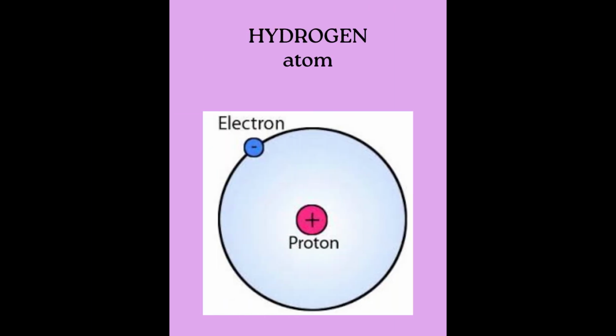Let's take the first simple example, that is the hydrogen atom. A hydrogen atom has only one electron in its outermost orbit. So hydrogen attains a stable configuration if there are two electrons in its outermost orbit.